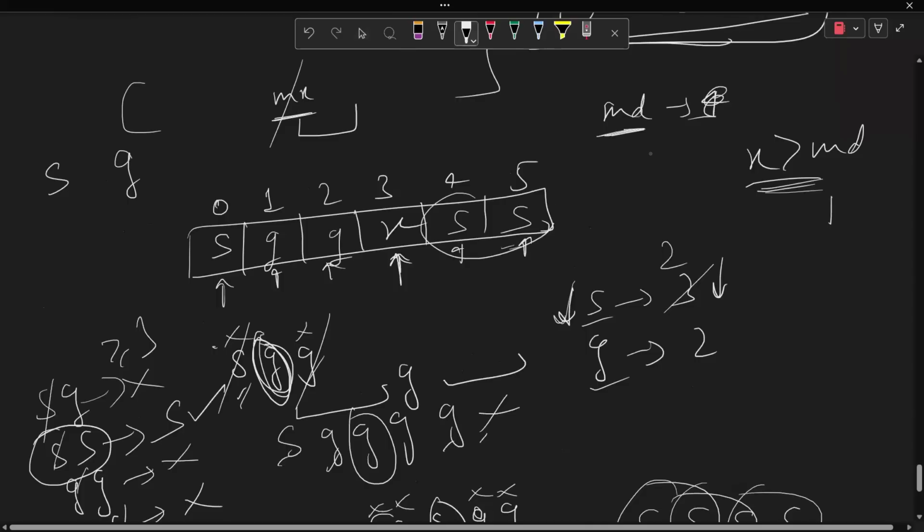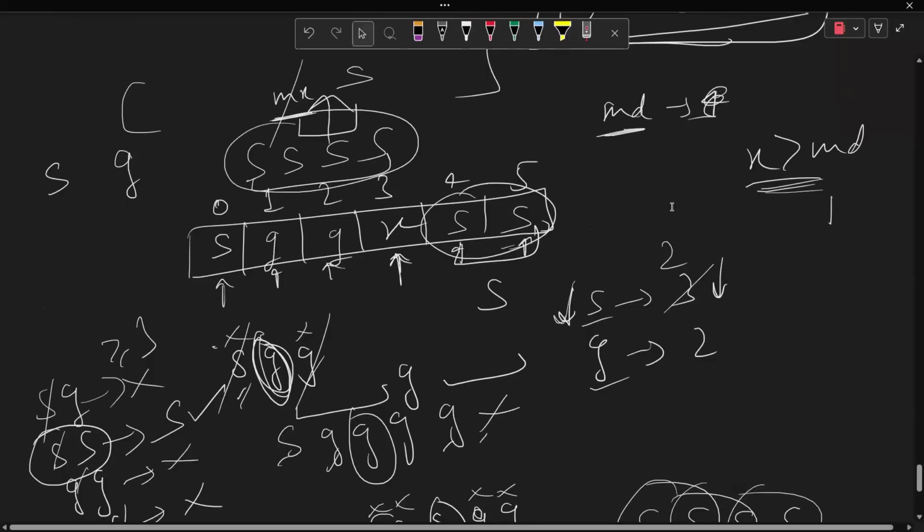Here you had two consecutive smaller than x, you can reduce to a single s. Whatever consecutive pair of s you can have, you can reduce all to a single s. Once you have done these reductions, you cannot do any more reductions.